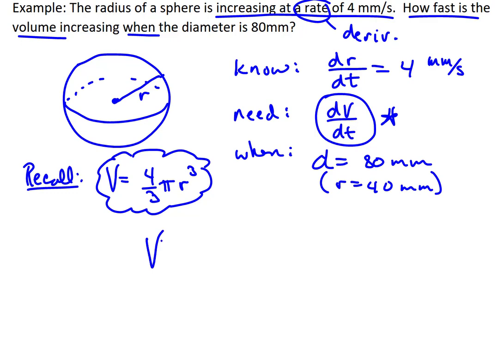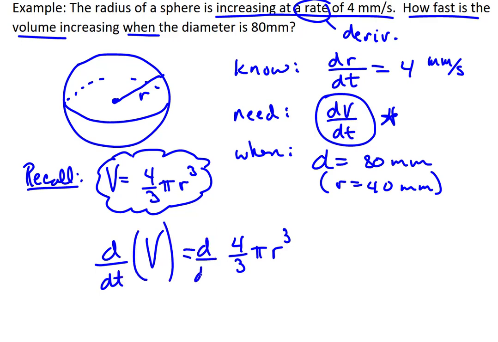So I'm going to copy that equation down again and leave a little space around it. So we have V equals 4/3 pi r cubed, but now we're going to take the derivative with respect to time, so d/dt of both sides of this equation. As we've seen using implicit differentiation, this is a common way to write out a derivative.